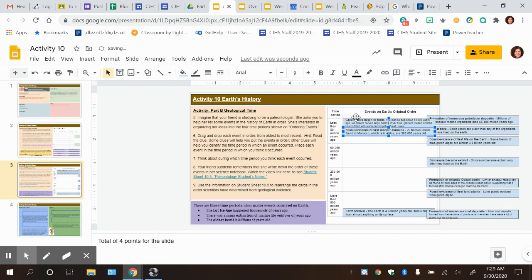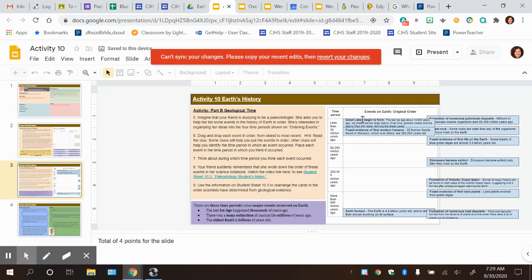However, the Great Lakes, they are no longer forming. They are already formed. Lake Michigan and Lake Huron and Erie and Superior, they have already been formed from huge glaciers 14,000 years ago. But modern humans are still around and still living.